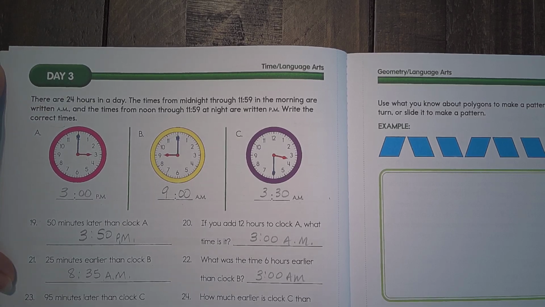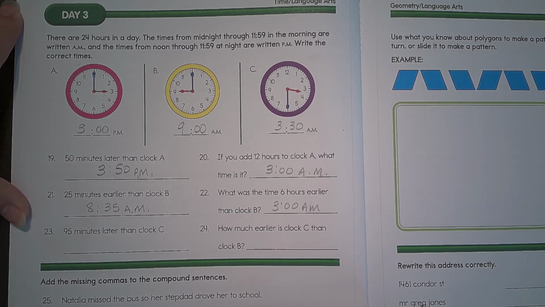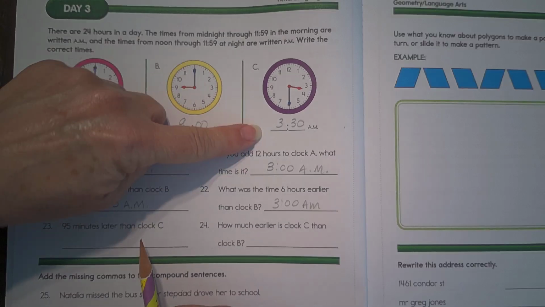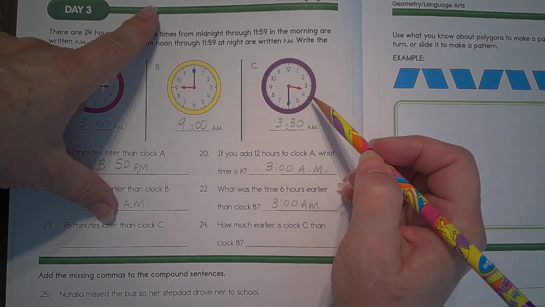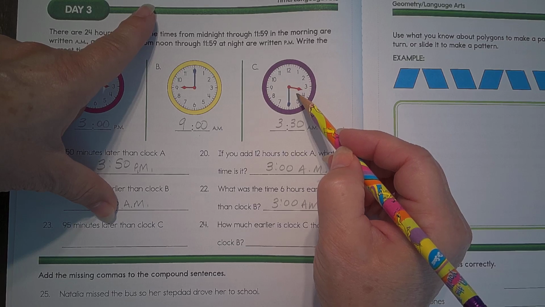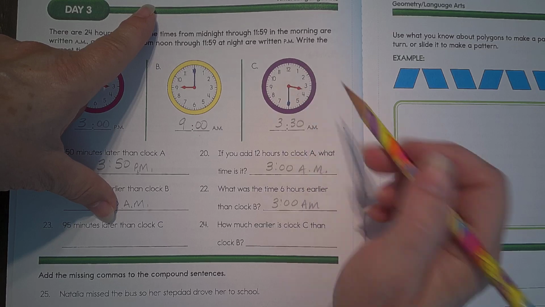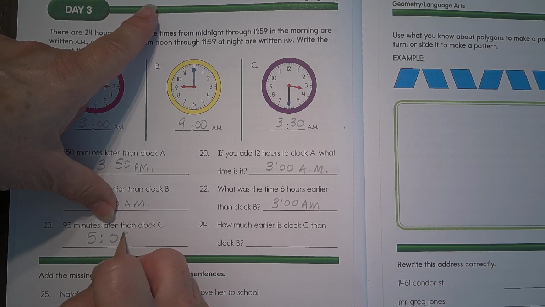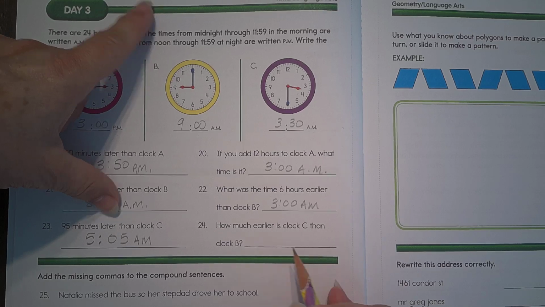What is 95 minutes later than clock C? We have 3:30 for clock C, so 95 minutes would be an hour and 35 minutes. So we know it's going to be 4:30, 5:05. So 5:05. And it's going to be AM still because it didn't go more than 12 hours.